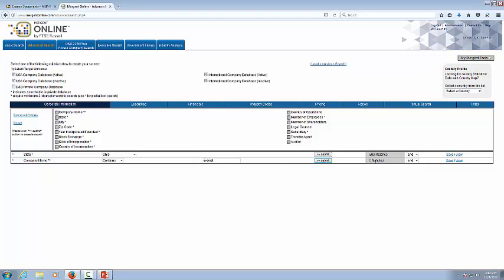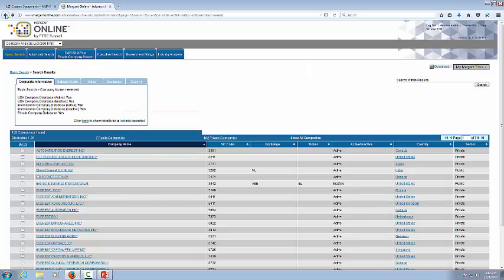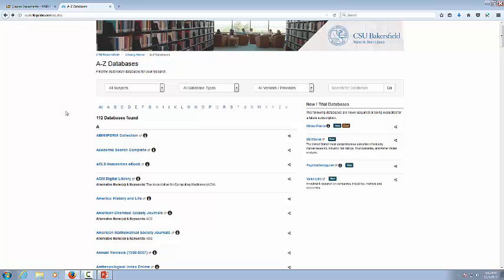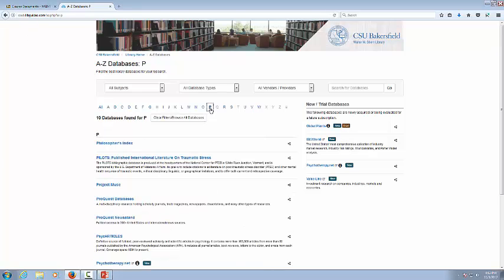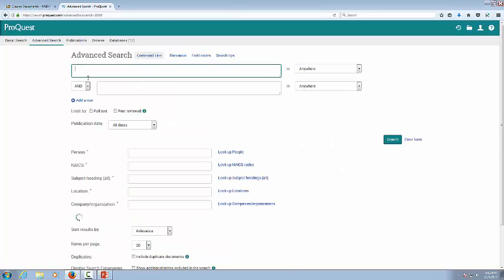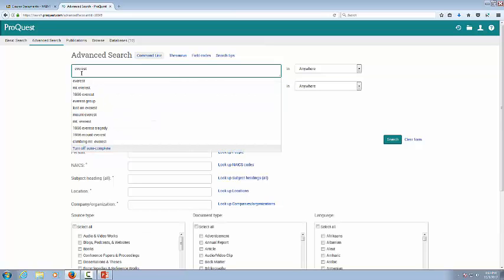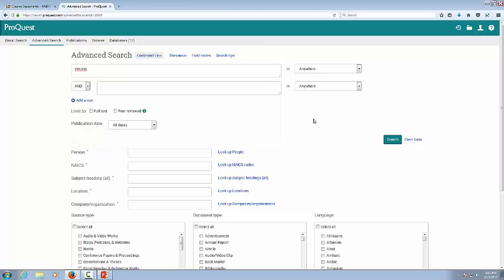So Mgmt Online is hit and miss for finding competitor information. Another, sometimes better, resource is to look at Experian reports on ProQuest. So if we go back to the database list and go to P for ProQuest, type in Everest.